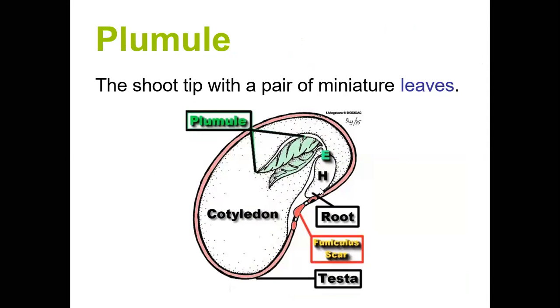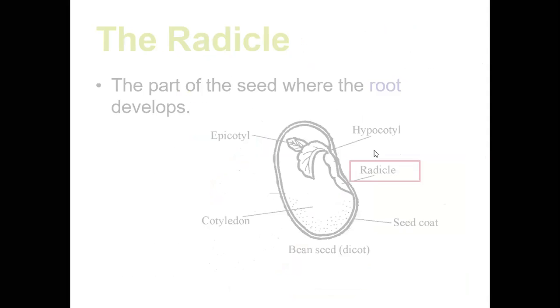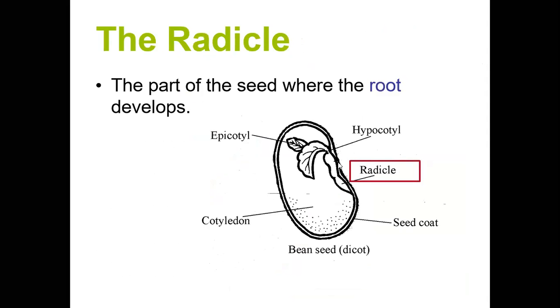What is plumule? The part of the embryo from which new leaves will develop after germination is called plumule. What is radicle? The part of the embryo from which new roots will develop is called radicle.